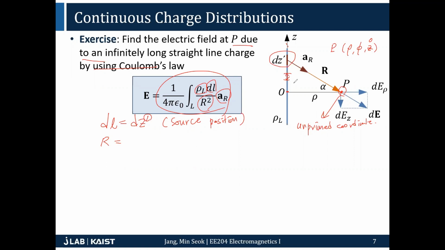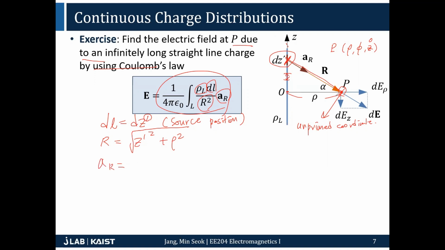So this is R, the distance between dz prime and P. It's the square root of z prime squared plus rho squared. And again here, rho is unprimed because it's about the position of interest, but z is primed because it's the position of source.